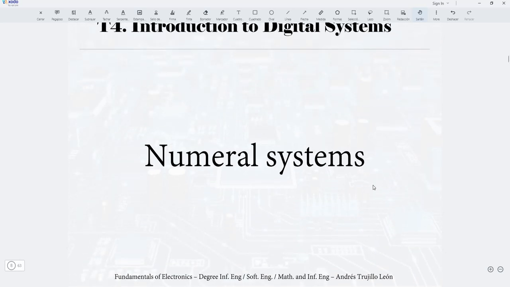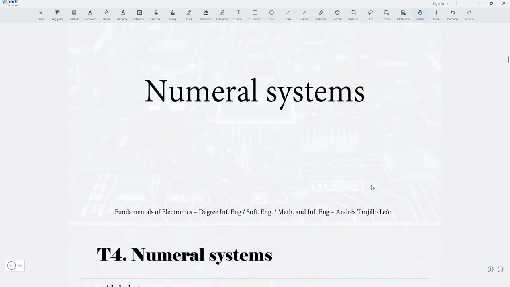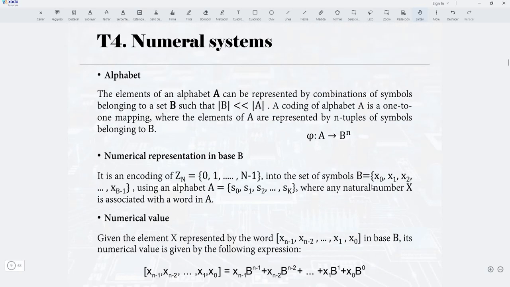So we are going to see more things about digital systems. The first thing we are going to study is the numeral system. I think that we can go through this more or less fast because you are familiar with this, because you are used to working with numeral systems from childhood. The numeral system with base 10 is the decimal numeral system. Here we have some definitions that we can understand better with examples.